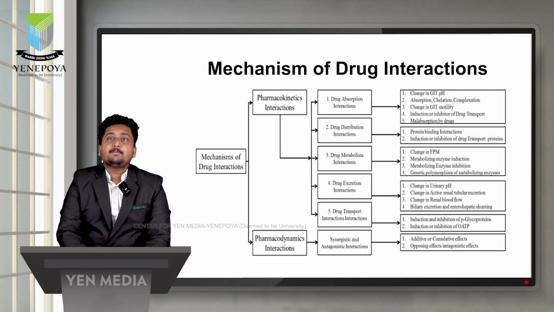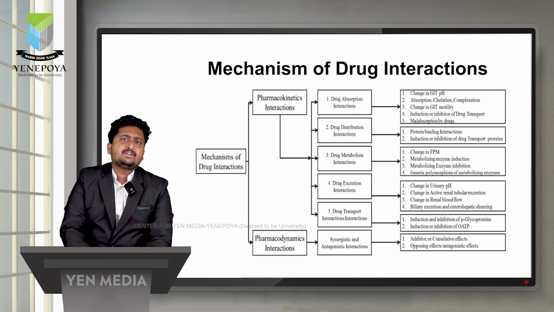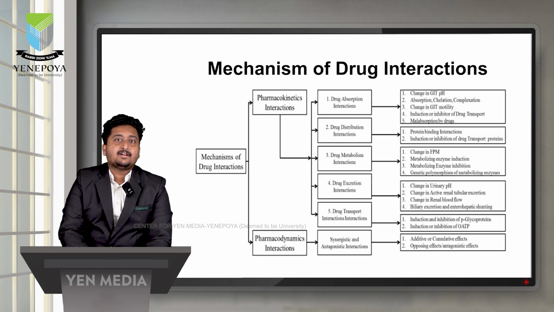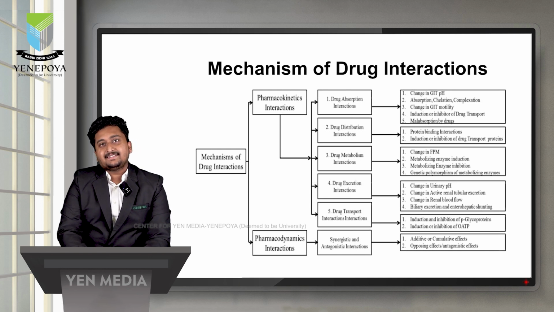As I already said, pharmacokinetics includes majorly four types, which are drug absorption, drug distribution, drug metabolism and drug excretion interactions, and we also have drug transport interactions, which are the least common type, but the first four are the most common ones. Coming on to drug absorption interactions, there are potentially five mechanisms, as you can see here.